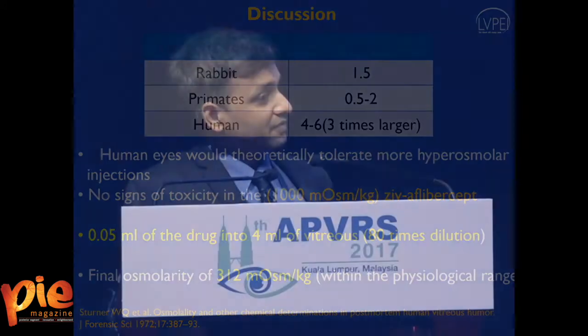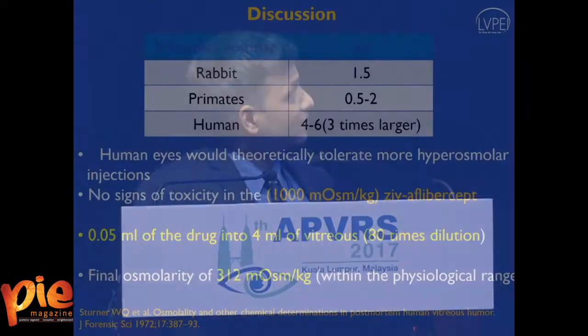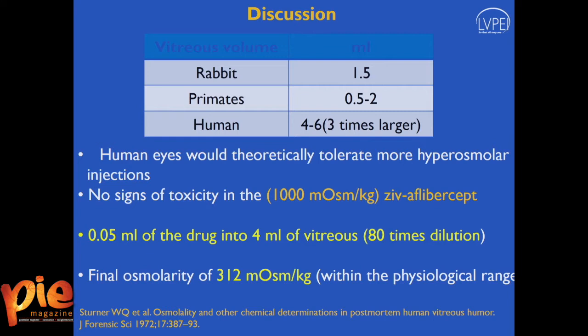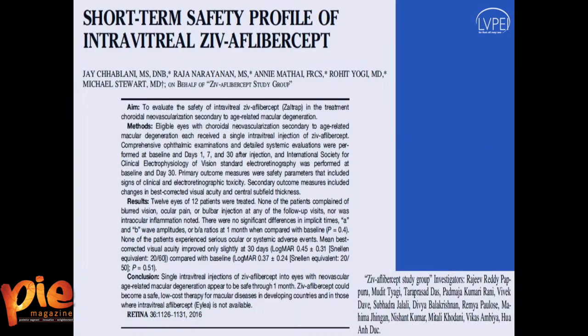The human eye vitreous volume is a little bit larger than the rabbit eyes, and if you look at the osmolarity of aflibercept of 1000 milliosmoles per kilogram, if you inject 0.05 ml in the human vitreous volume, it gets significantly diluted, and the final osmolarity is about 300 milliosmoles, which is similar to what aflibercept has.